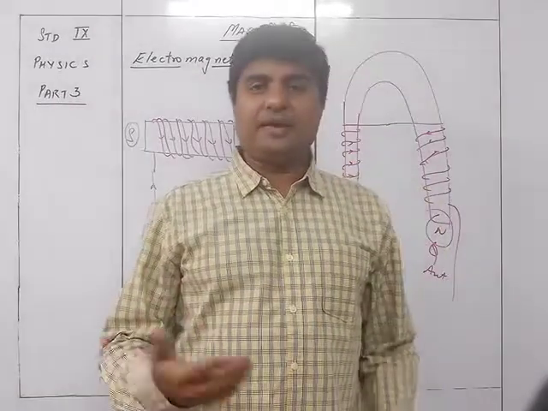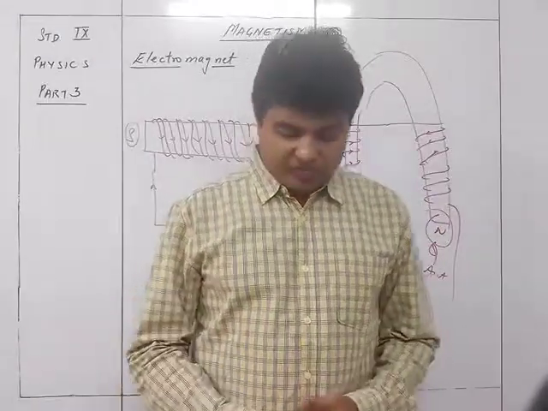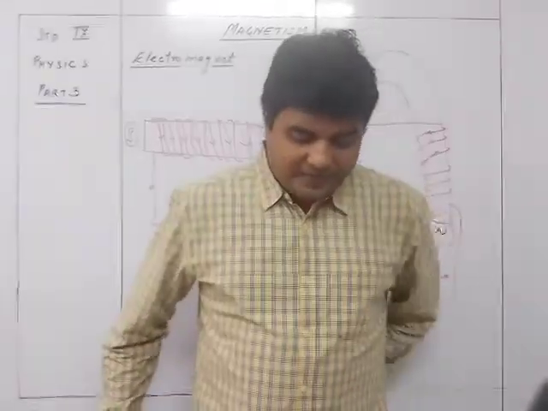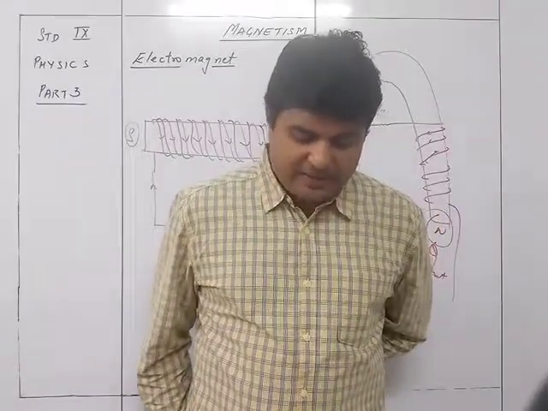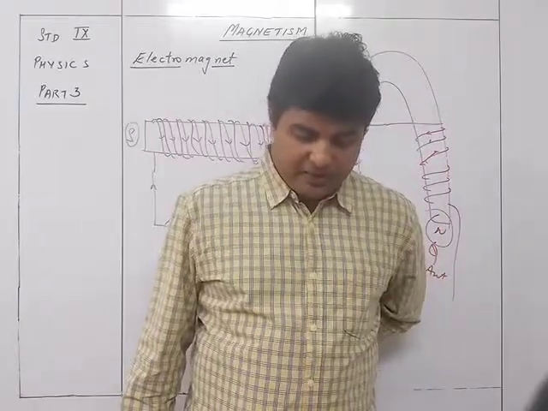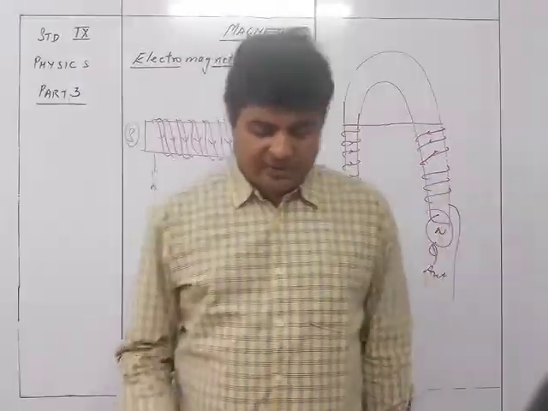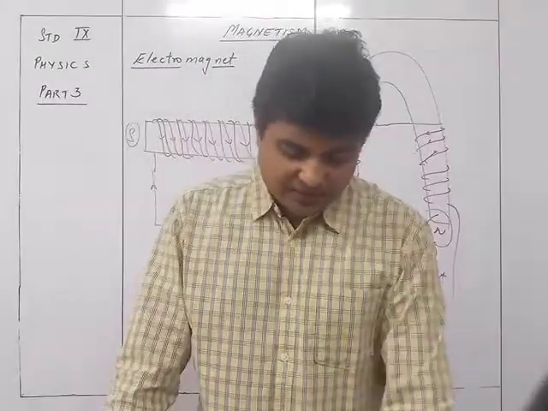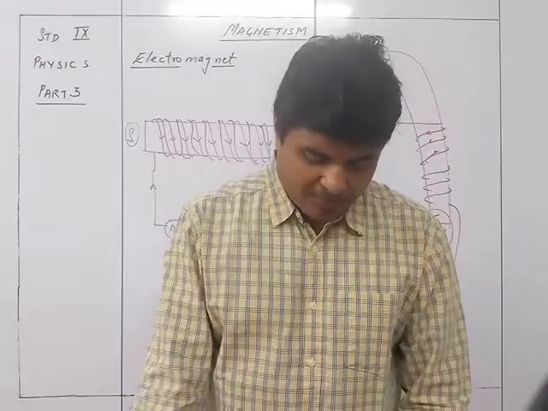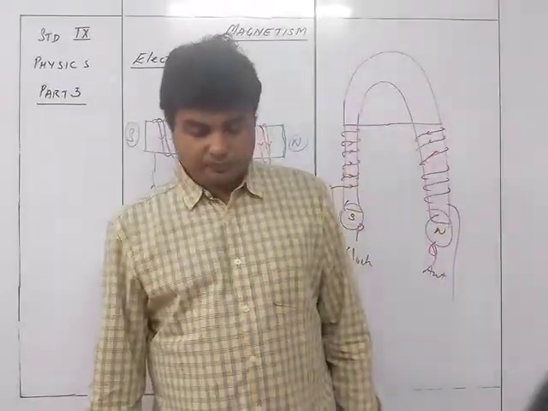If the windings or the current are increased, we can increase the field, so that's why we can have a strong magnetic field available. The strength of the magnetic field of an electromagnet can easily be changed by changing the current or the number of turns in the solenoid. The polarity of the electromagnet can be reversed by reversing the direction of the current in the solenoid. So these are the advantages of the electromagnet over a permanent magnet.